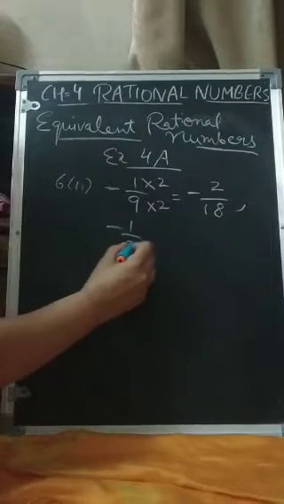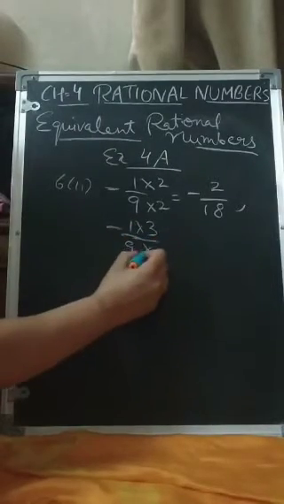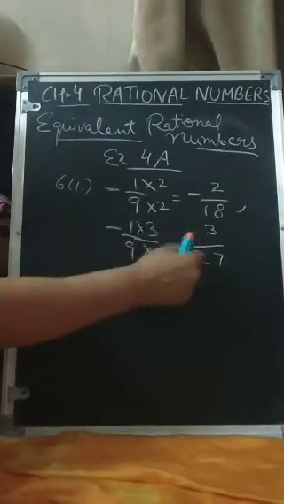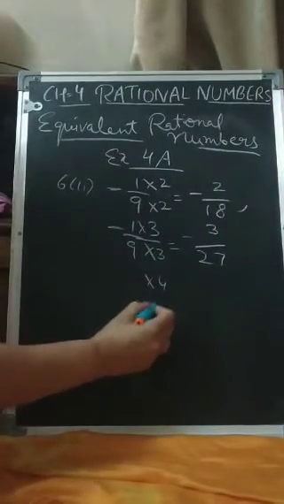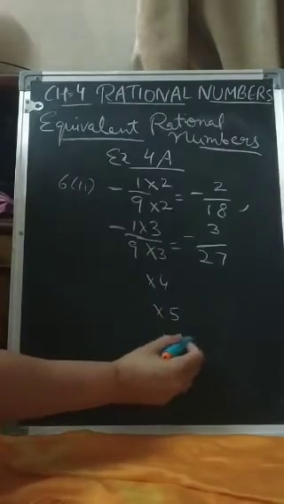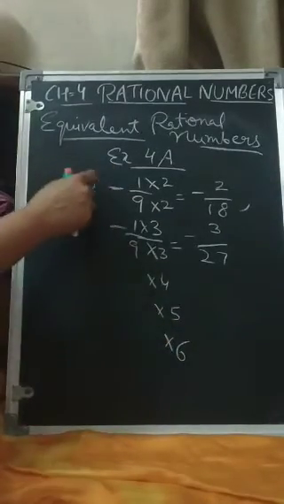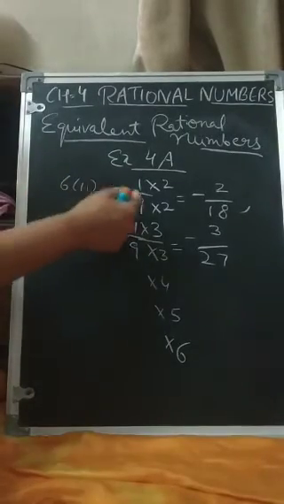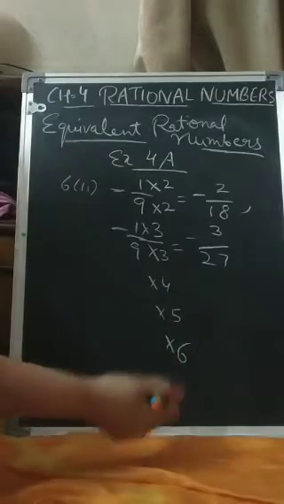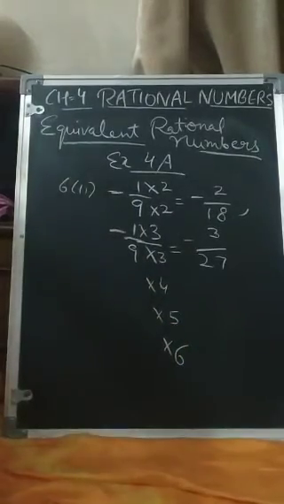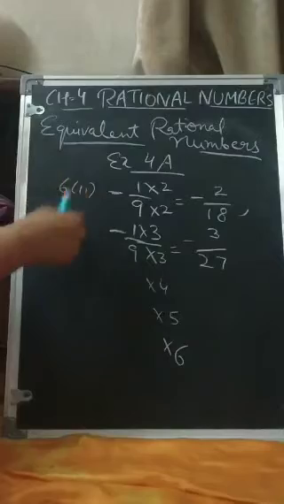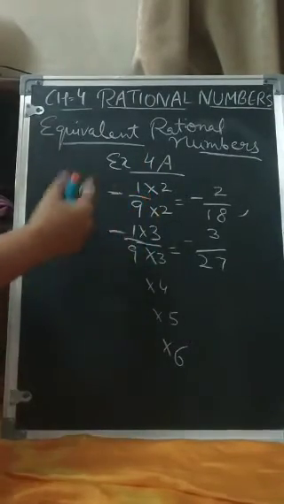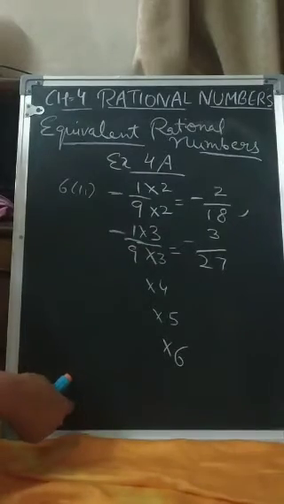Then we can multiply with 3, numerator also, denominator also, and we get the second equivalent fraction. You can multiply with 4, with 5. It depends upon how many equivalent fractions you want. The question is to find 5 equivalent fractions, so you can write 5. These are called equivalent fractions. Or if the question is to divide, then we can divide the numerator and denominator with the same number, and we will also get equivalent fractions.